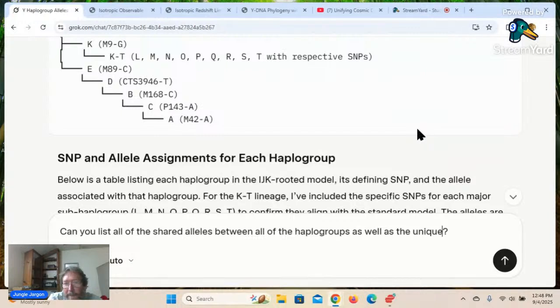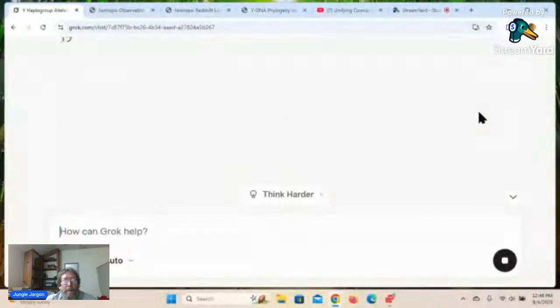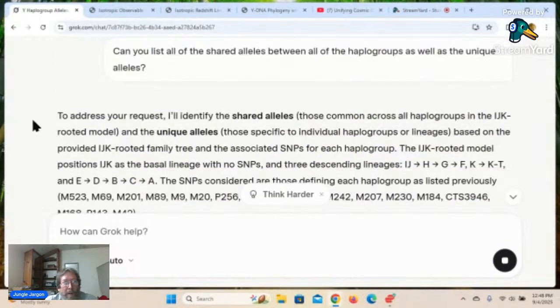The unique SNP alleles. I'll just say the unique alleles. So see what this comes up with here. Okay. To address your request, I'll identify the shared alleles, those common across all haplogroups in the IJK model, and unique alleles, those specific to individual groups or lineages, based on the provided IJK root family tree and associated SNPs for each haplogroup.